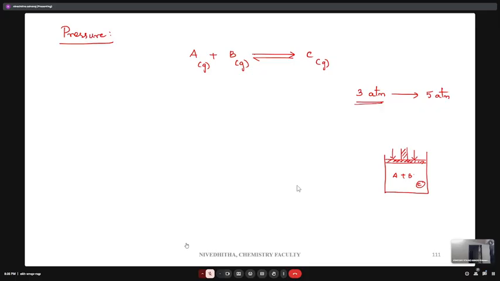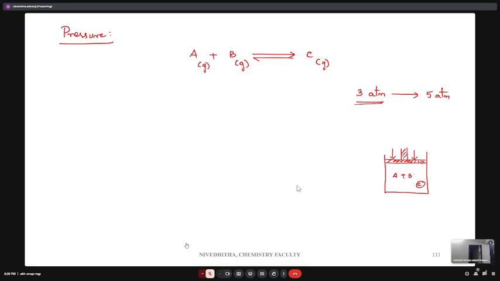Basically, the number of moles of gaseous species will increase the pressure, right? But actually I've increased the pressure already. So what does this reaction have to do? The reaction has to decrease the pressure. So to decrease the pressure, the reaction has to decrease the gaseous number of moles.